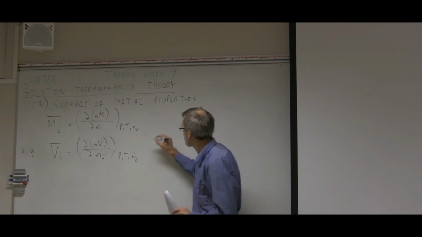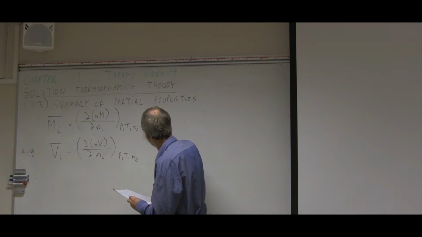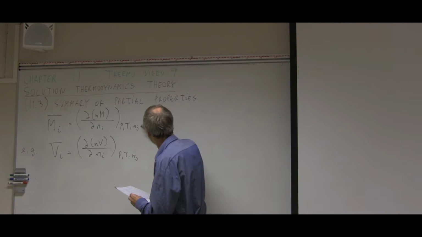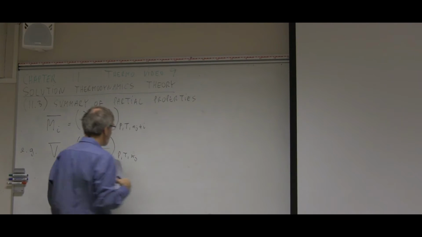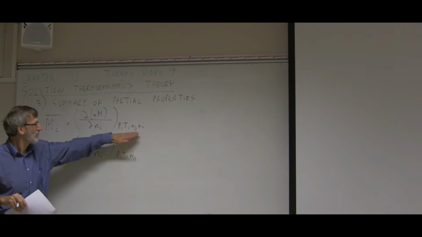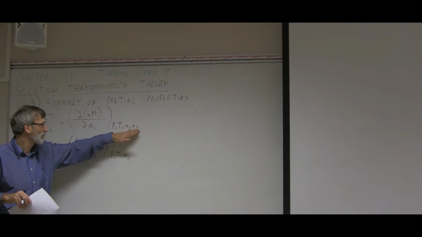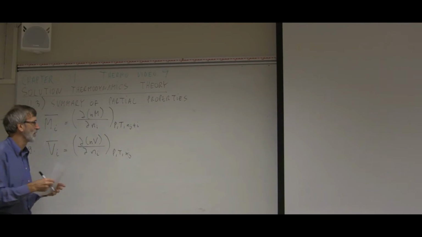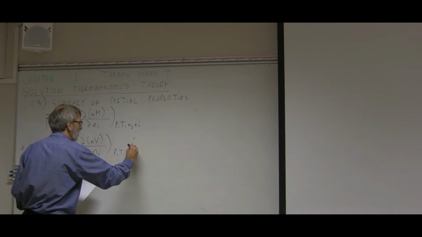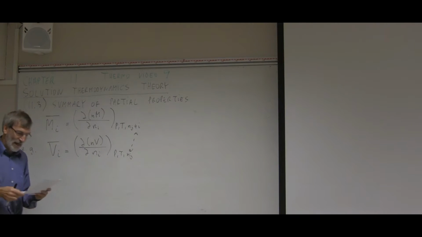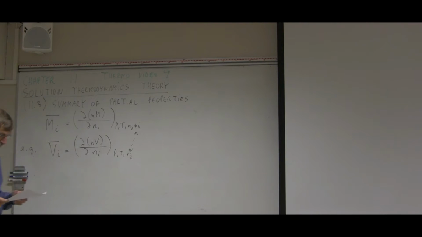This means we could be even more formal to say that Nj is all components not equal to i. So that is the same notation.